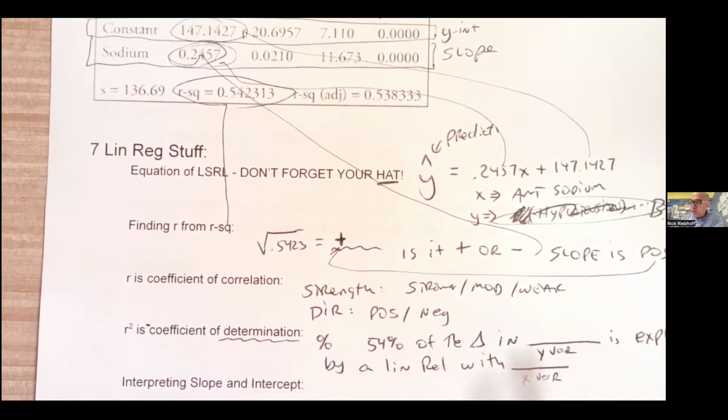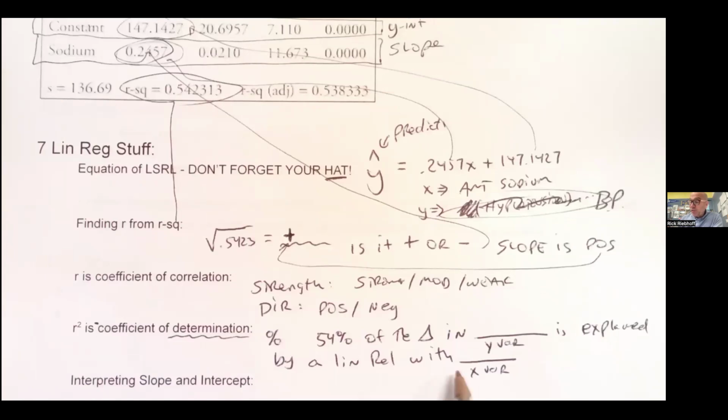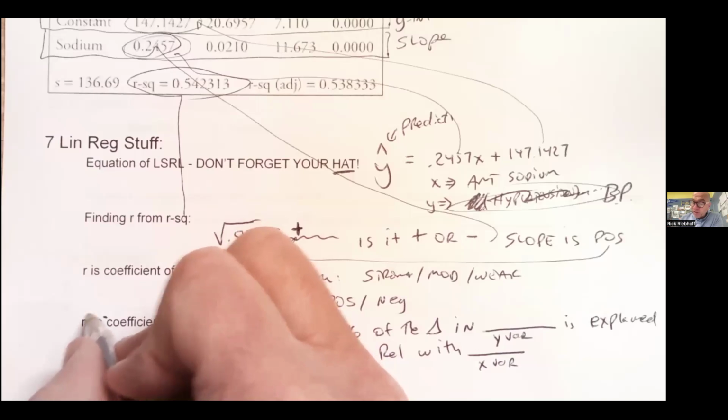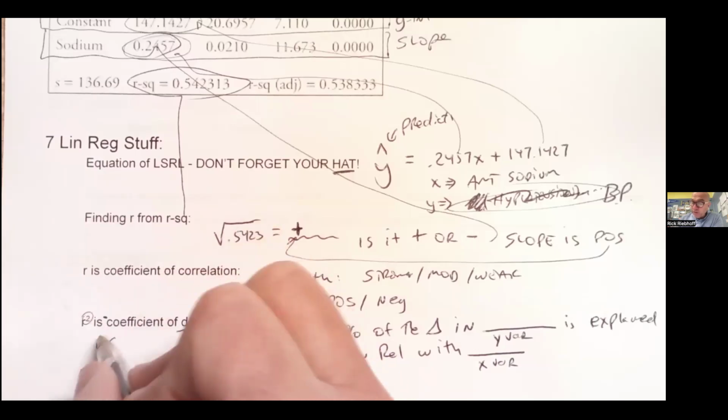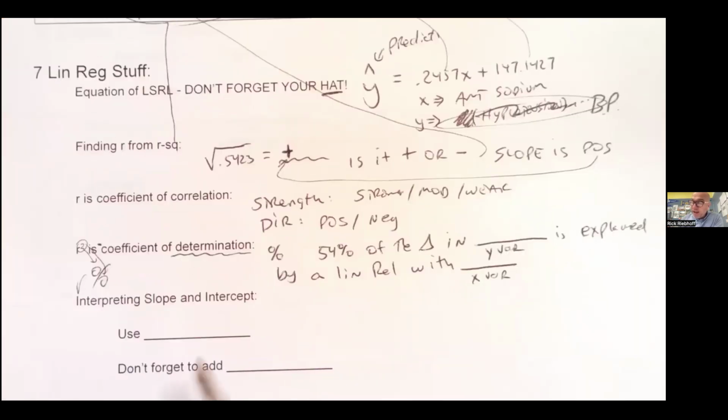Okay. So 54% of the change in blood pressure is explained by a linear relationship with sodium intake. Okay. So R squared, I always think that squared means those two little circles, right? So squared is this and this. R squared is the percentage. Okay. Interpreting slope and intercept.